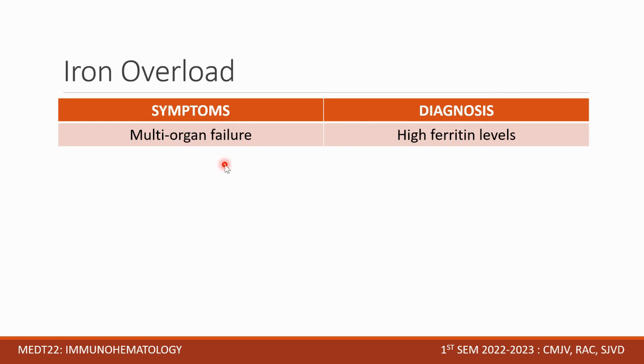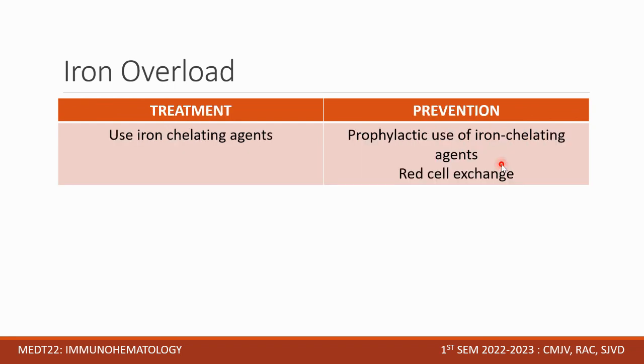So, symptoms you have your multi-organ failure, then high ferritin levels, pwede natin makita kay patient. For the treatment, use iron chelating agents. Okay? And then, prevention, prophylactic use na ng iron chelating agents. Okay? So, unahan na yung, before transfusion, so you have your iron chelating agents.